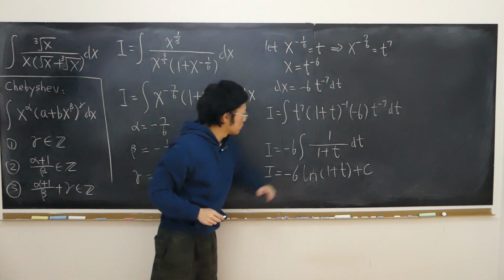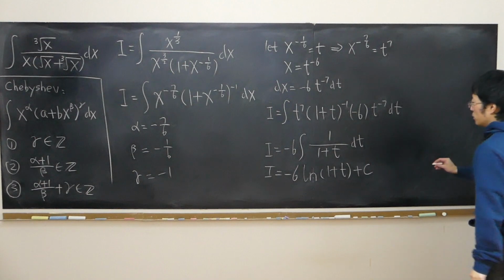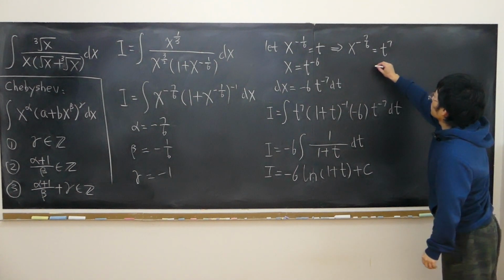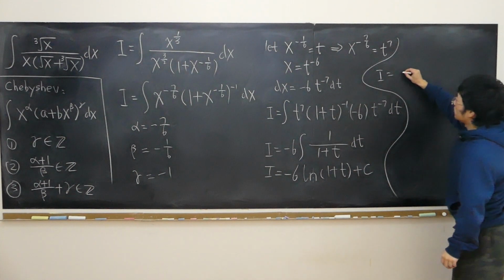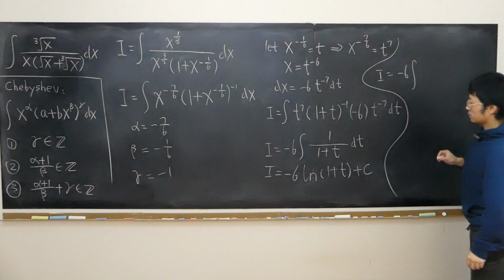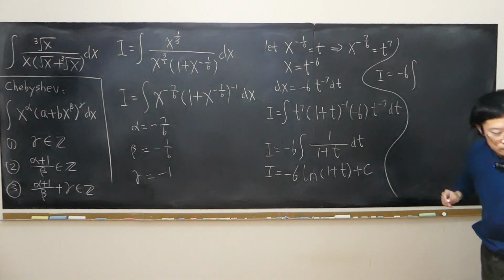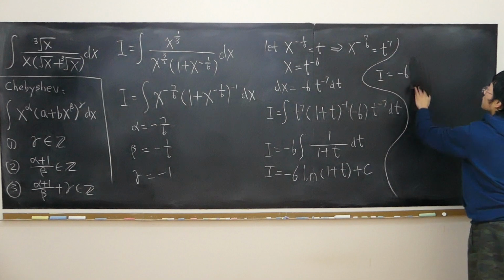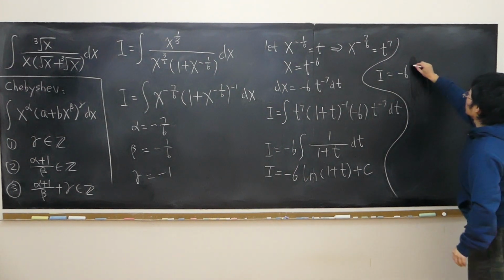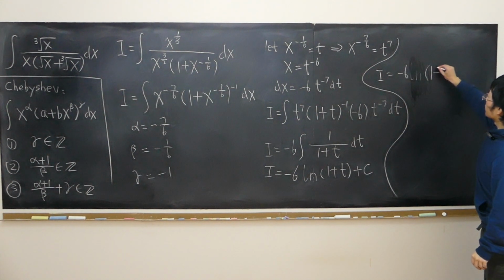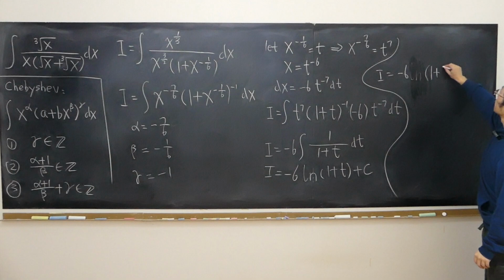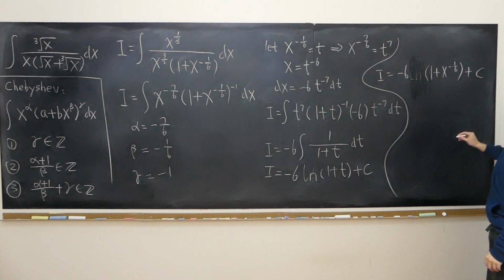Just replace it back. So I is now equal to minus 6 times log of 1 plus x to the minus 1 over 6, plus c.